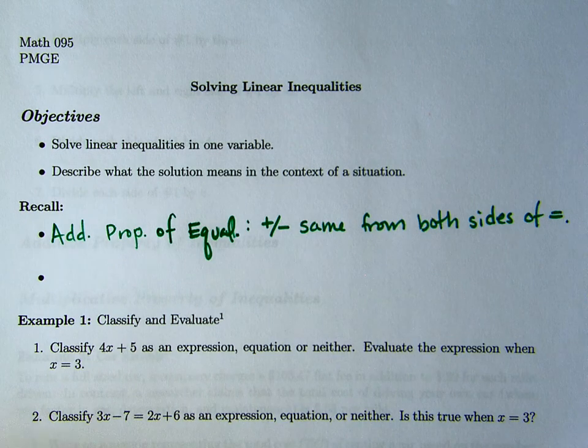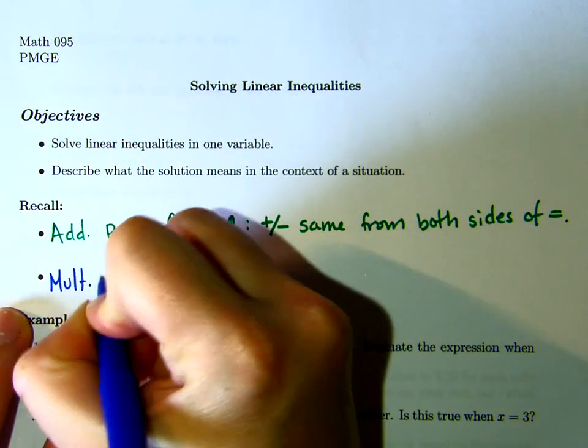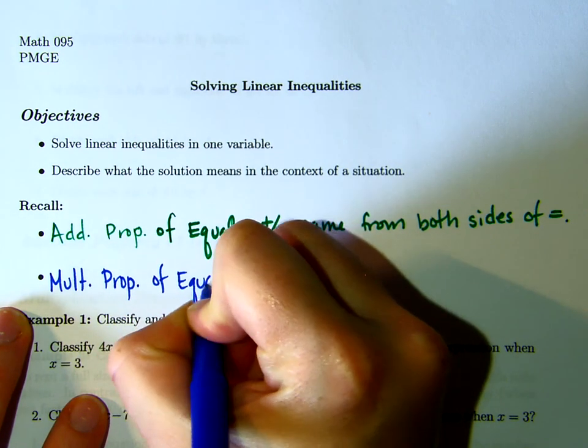And then we also had the multiplicative property of equality.